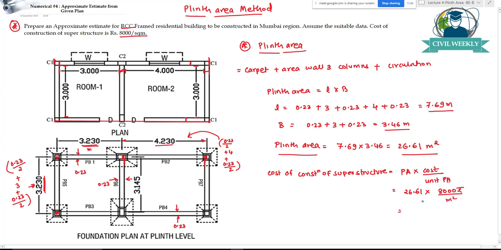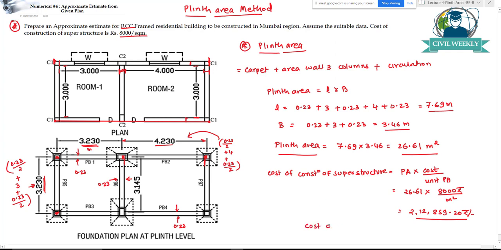So this will work out to be how much? 26.61 meter square into 8,000 rupees per meter square, 2,12,859.20 rupees.